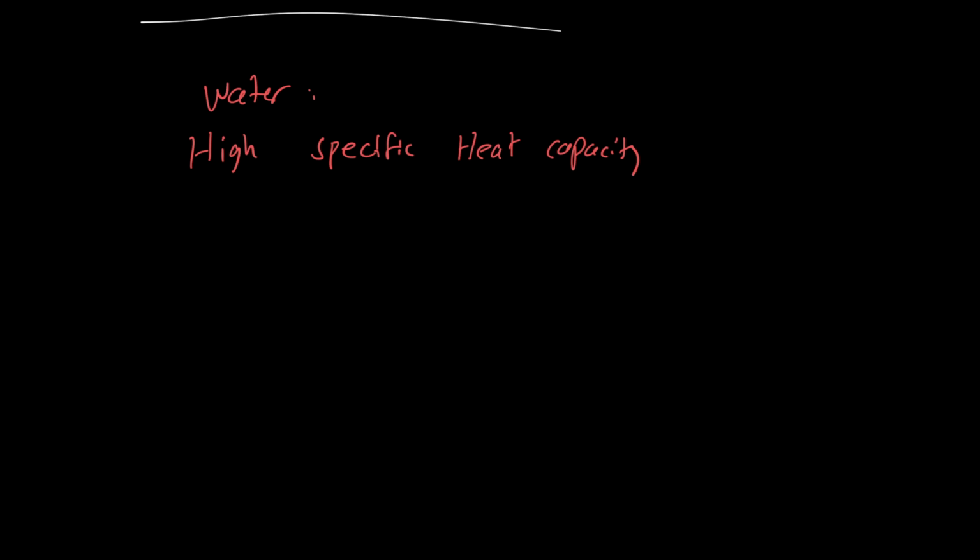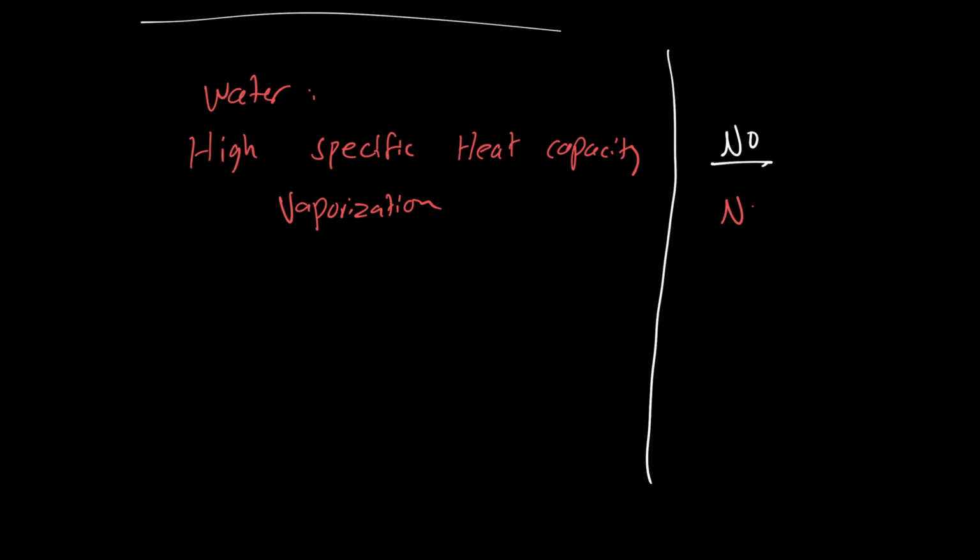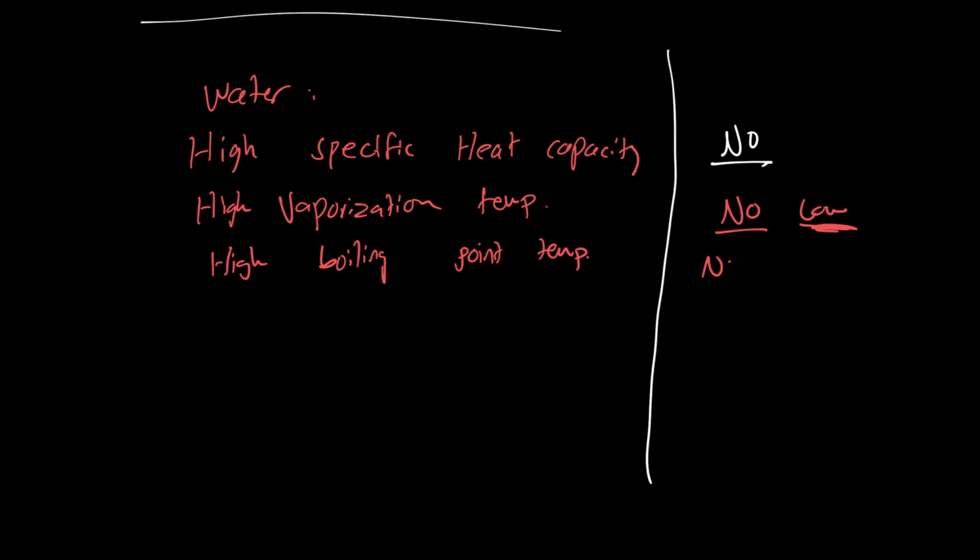Water: high specific heat; methane: low specific heat capacity. Water has a high latent heat of vaporization; methane does not. Water has a high boiling point, right? And methane does not, it has a low boiling point.